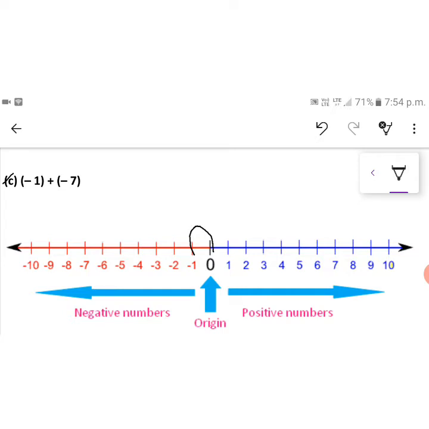And then from this point we move 7 steps to the left. 1, 2, 3, 4, 5, 6, 7. We reach minus 8. Therefore, minus 1 plus minus 7 equal to minus 8.